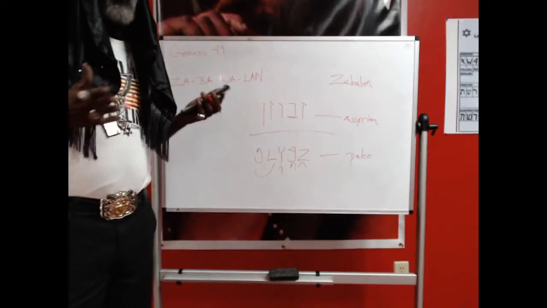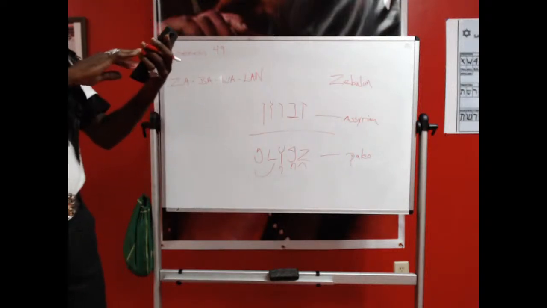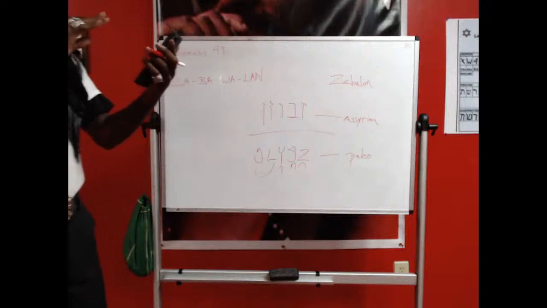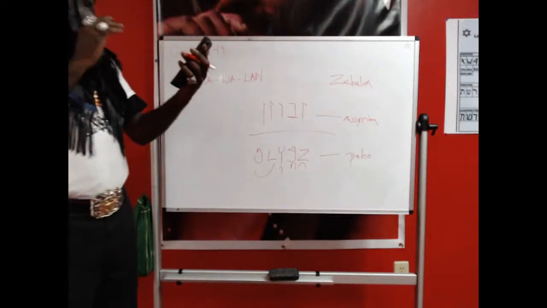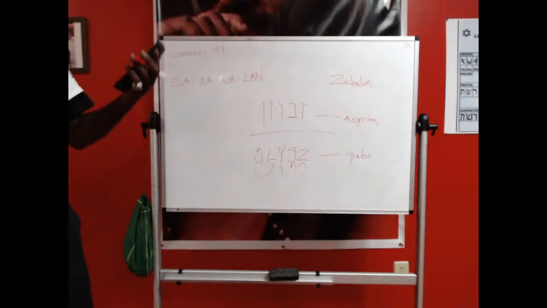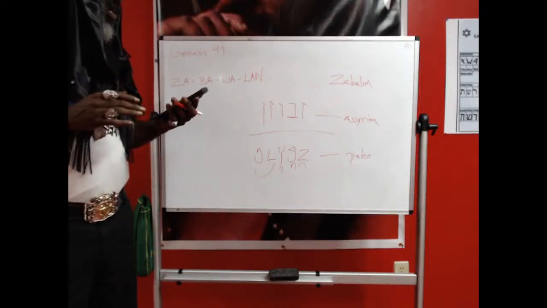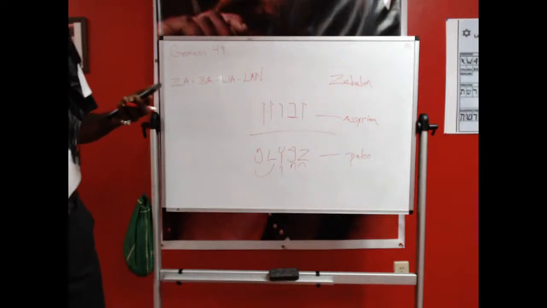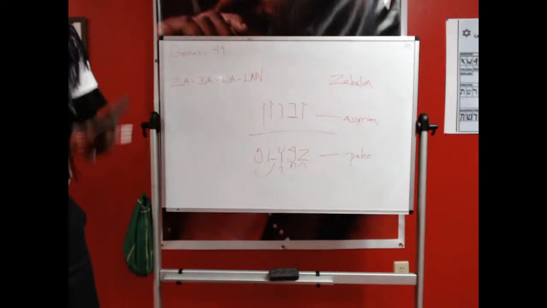Who would lead that charge? Zabalawan. Why Zabalawan? Because it says, let's read it: Zabalawan shall dwell at the haven of the sea, and he shall be for an haven of ships, and his border shall be unto Zion. He is telling you that he will dwell at the haven of the sea, at the entrance of the sea, where the boats are.